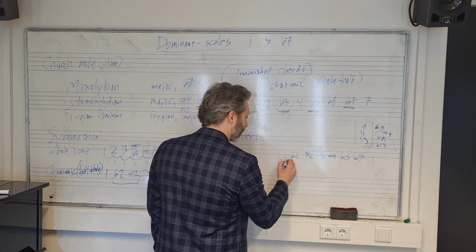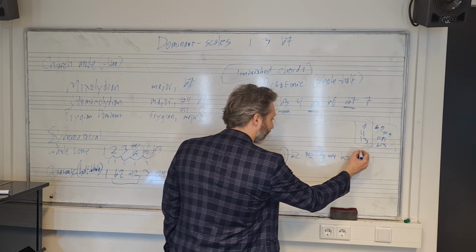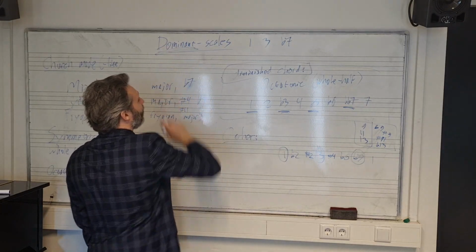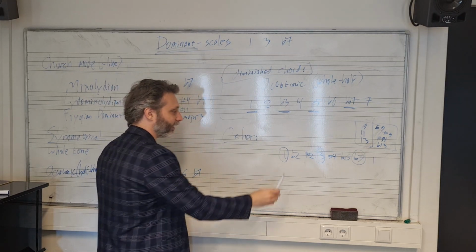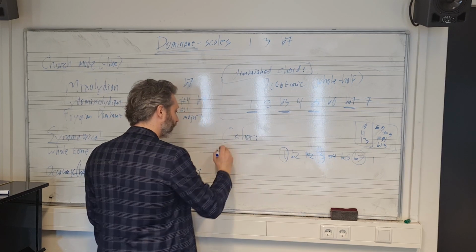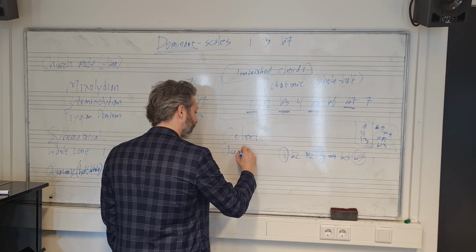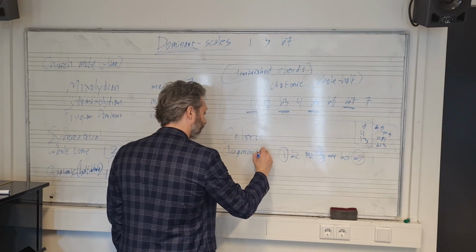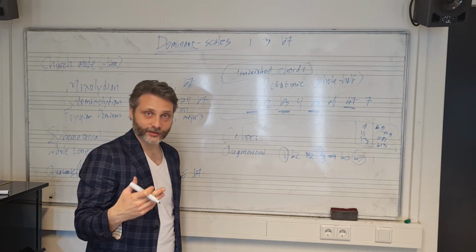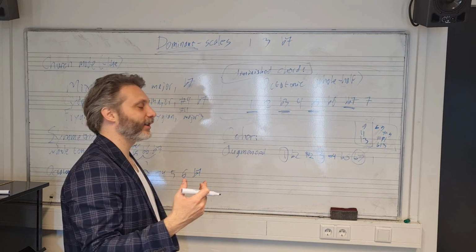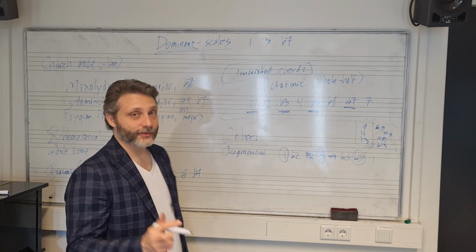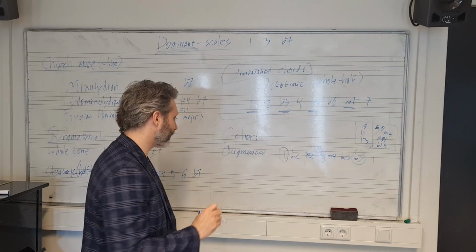This scale has the notes we agreed upon that we had to use in order to be playing over a dominant chord, and then it has all the augmentations. It has all of them. So we call this scale the augmented scale. That's, in my estimation, a better conceptualization of this scale.